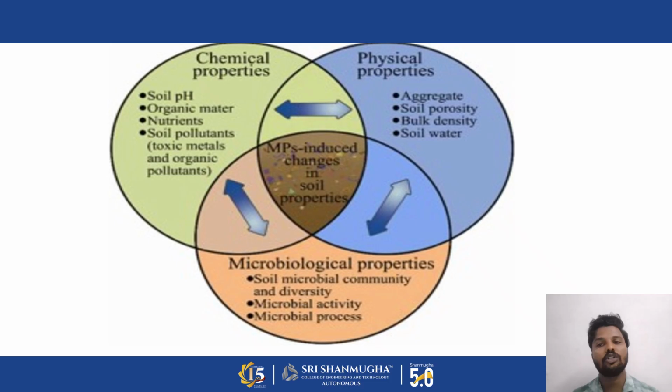So microplastics in the soil can physically disrupt structure, release or absorb chemicals, and affect the microbial community and its processes. So it always affects all three properties: the physical property, chemical property, and microbiological property, in different ways.